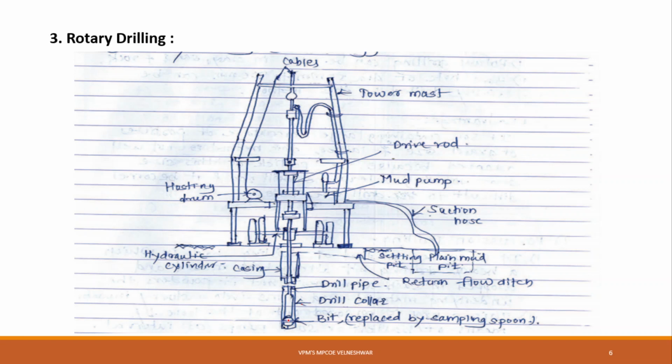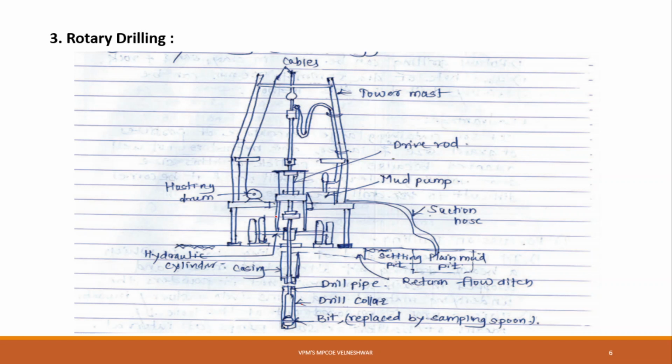A drill head is provided at the top of the drill rod. See here, this is the rotary head, or you can call it a drill head. That total assembly is called a drill head, provided at the top of the drill rod. It consists of a rotary mechanism, so it rotates the drill pipe, and an arrangement for applying downward pressure.